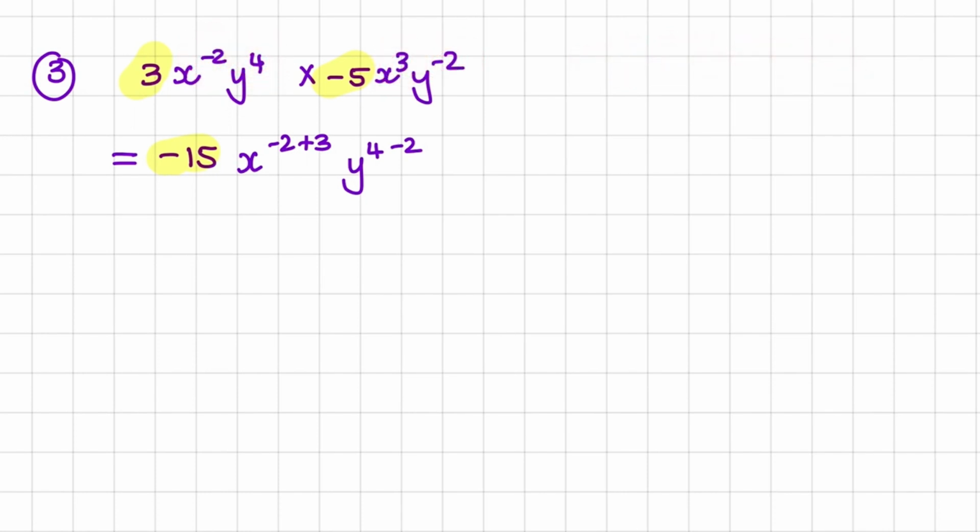That will be incorrect. I can only add exponents where the variables are the same. So if I simplify, I have -15, x to the power of 1, y squared. And we can also leave our answer as -15xy².